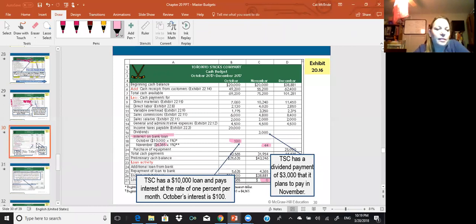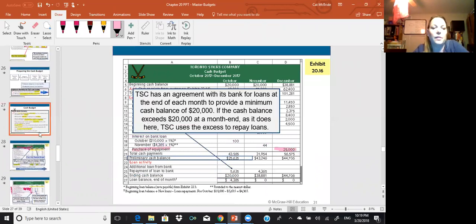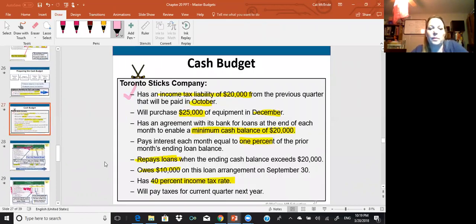I'm going to move down so we can see more. Okay, so then the next thing we did was we purchased equipment. We knew that we were going to purchase equipment in December of $25,000 because we were given that. And here's our interest that we did. And this was our beginning loan balance that we just looked at the interest rate on.